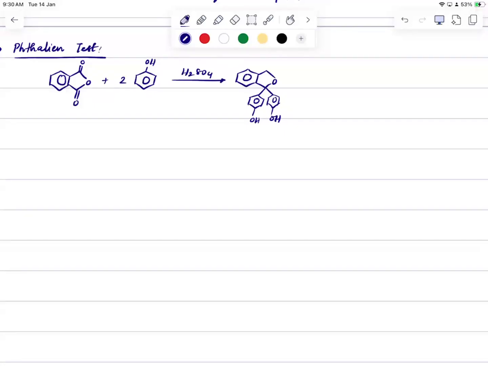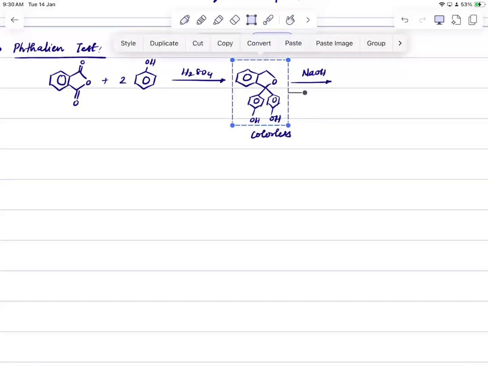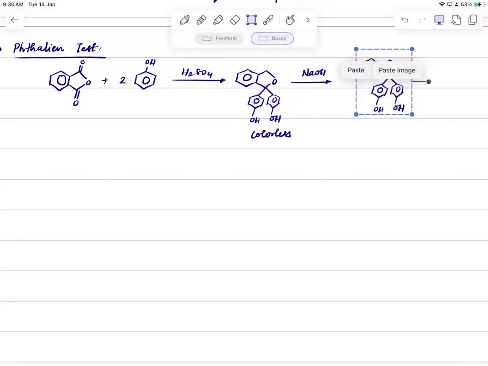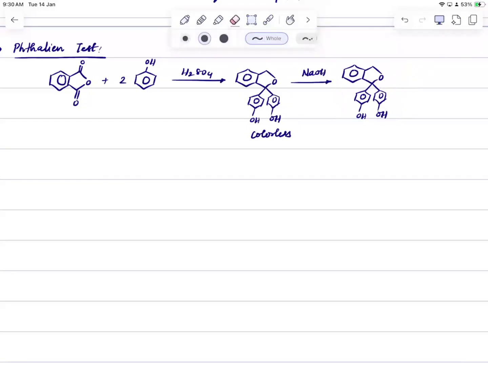So, if you take this into basic medium, phenolphthalein is colorless when it is in this form. In basic medium, it will change its structural form, and this will go away, and you'll get this as O minus, and here we will have double bonds and a double bond O, like this.